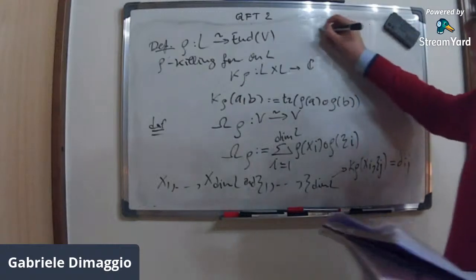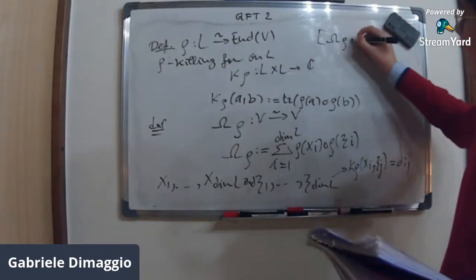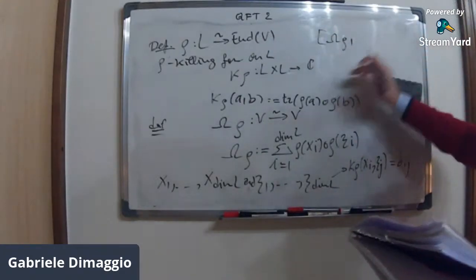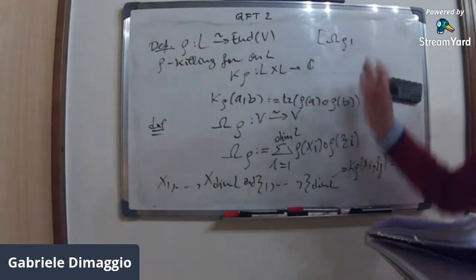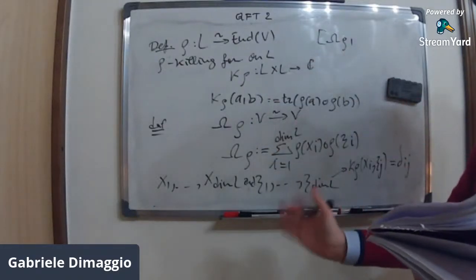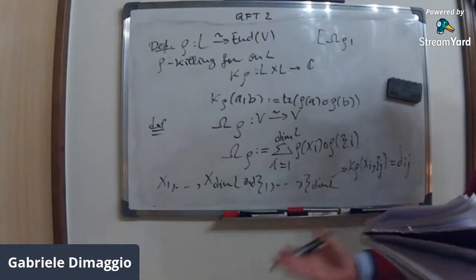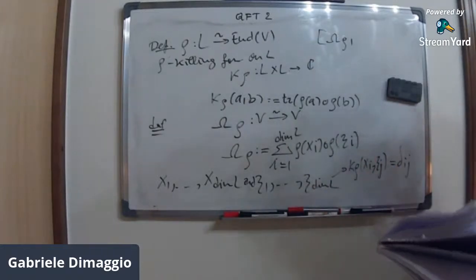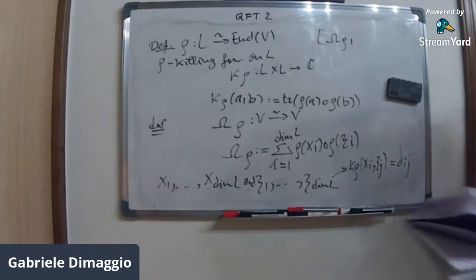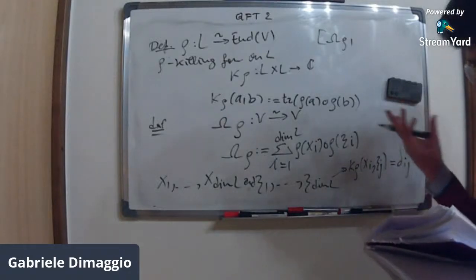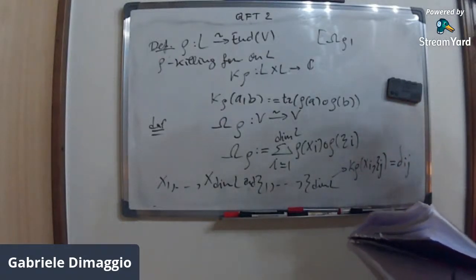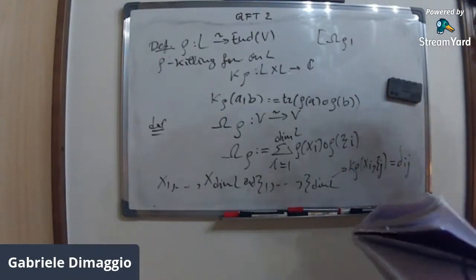In fact, I have the commutator between the Casimir operator and the representation. It's an endomorphism because the commutator takes two endomorphisms over a vector space and gives only one endomorphism over the vector space.